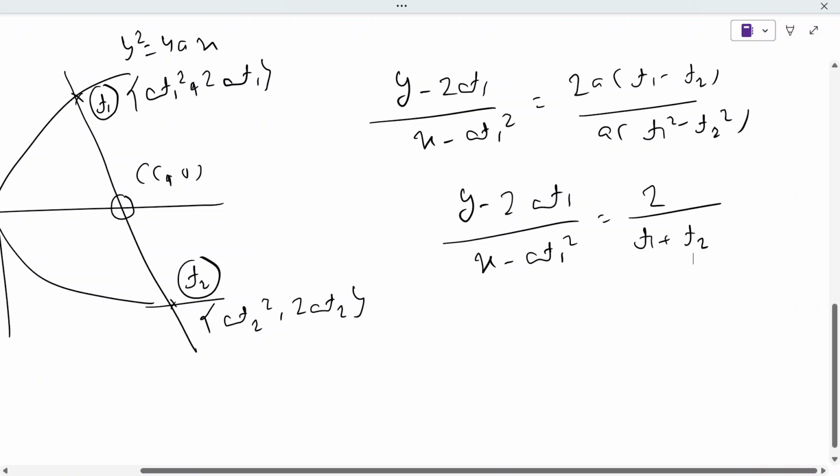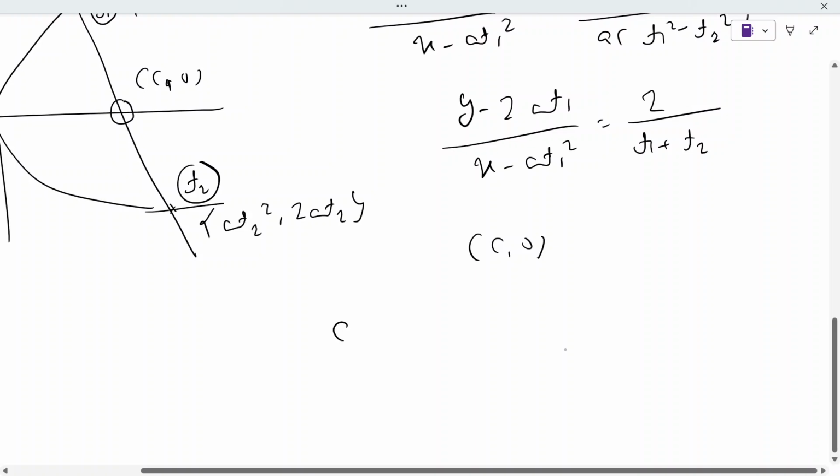If the line is passing through (c, 0), we satisfy this point and get: (c minus 2at1) upon (minus at1 square) equals 2 upon t1 plus t2.